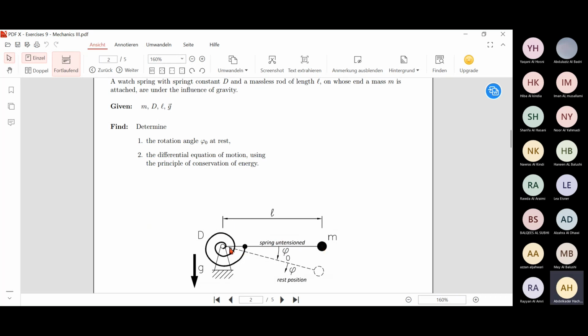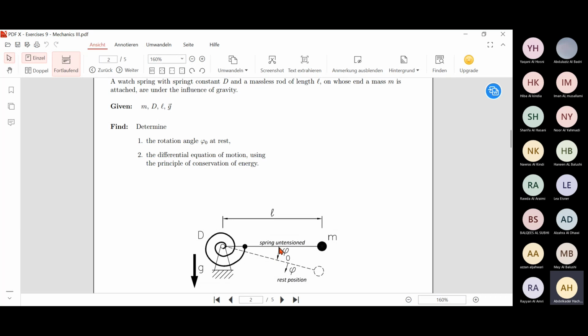And this is the position when the spring is tensioned. And here, this is the rest position.